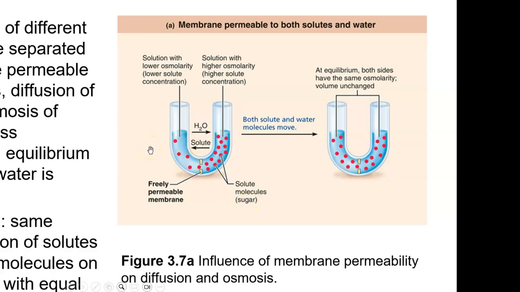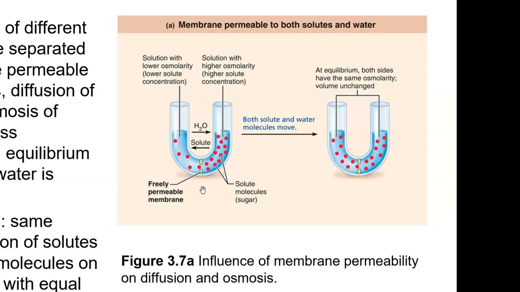So we have a sugar solution on the left side where the sugar has a lower concentration, and then we have a higher concentration of sugar solution on the right side. Then we have a membrane separating the solutions that the sugar can't cross, but water can.